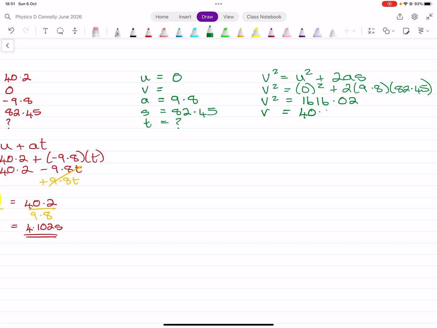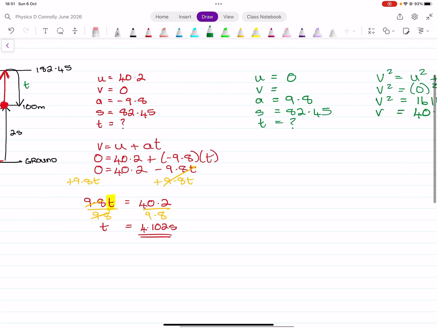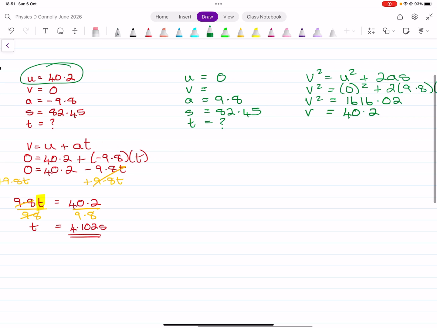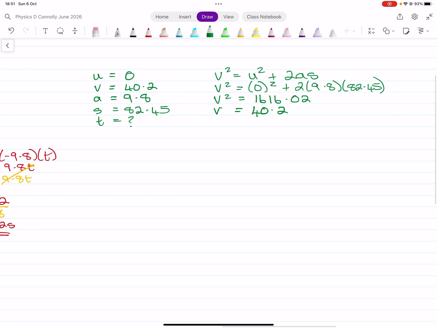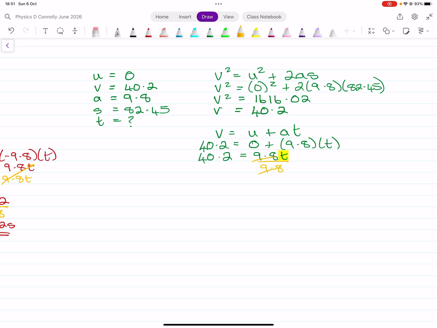So it's going to work out the same. 40.2 was my initial velocity over here, and it's my final velocity over here, which is what I suspected, that it was going to be symmetrical. So v equals u plus at. Now I can use this because I have 40.2 equals 0 plus 9.8 times t. 40.2 equals 9.8t. Isolate the t, divide by 9.8, and we get 4.